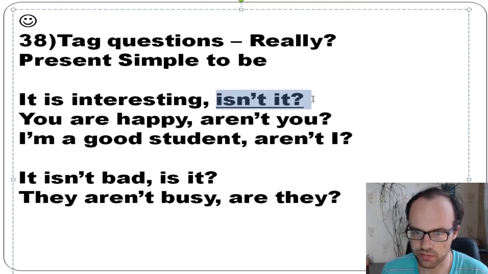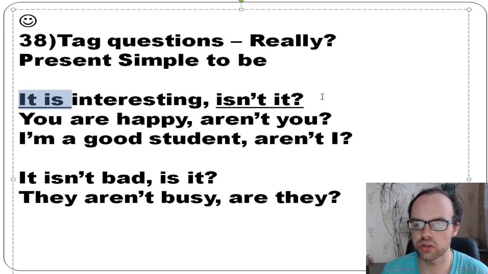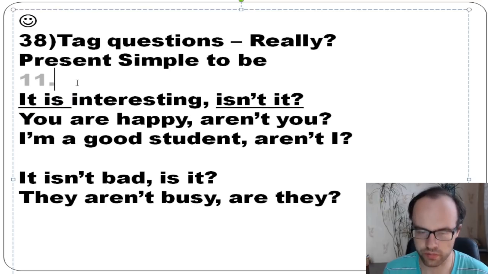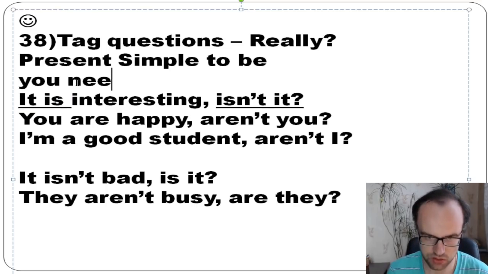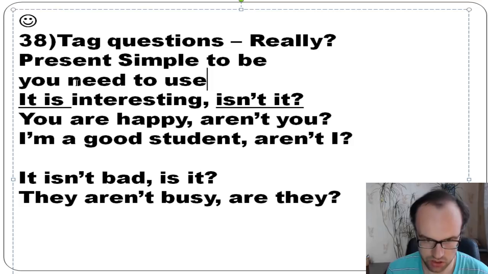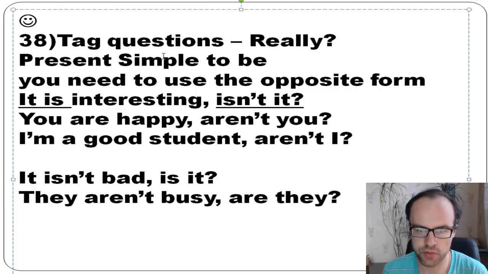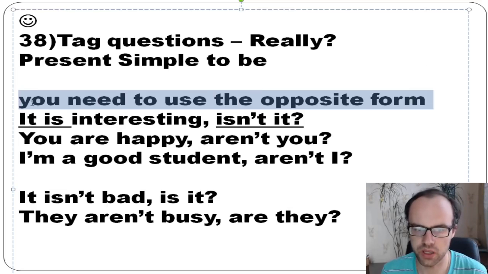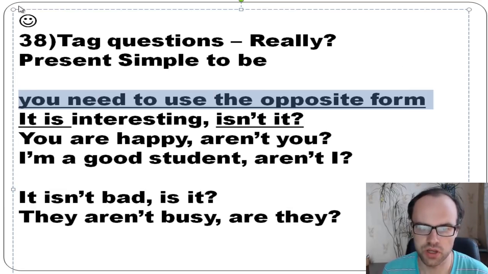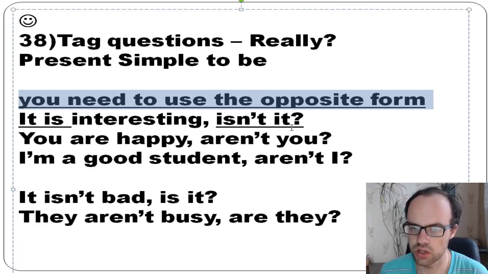It's interesting, really. So you look at "it is," and you need to use the opposite form. If you have "it is," you ask "isn't it?" at the end of the sentence.